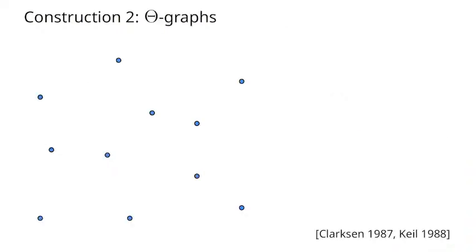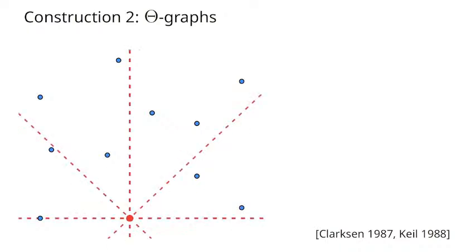Second construction: theta graphs, or Yao graphs, which are very similar. We've also seen this in the previous talk. Essentially, for every point, you subdivide the space around it into cones, and then, according to some definition, connect to the closest point. If you connect to the Euclidean closest point, that is the Yao graph.